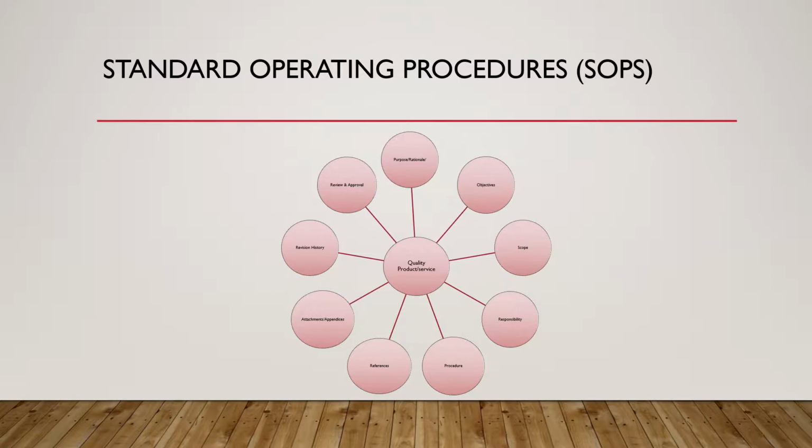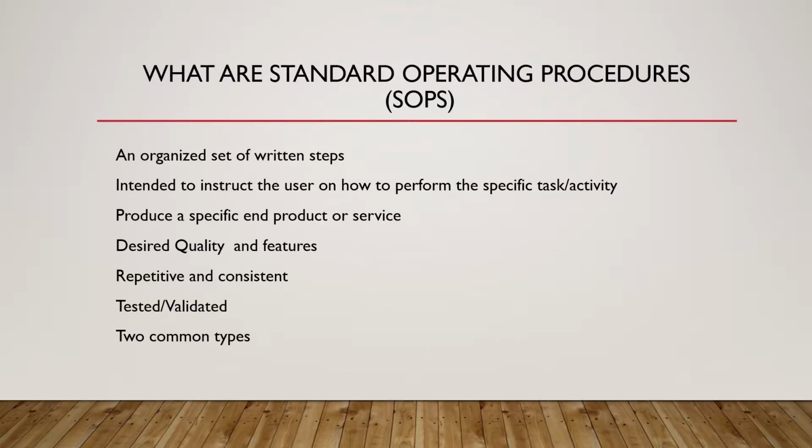We will talk more about this in other videos. So what are standard operating procedures? These are organized written steps. They are literally your physical processes and procedures captured on paper.